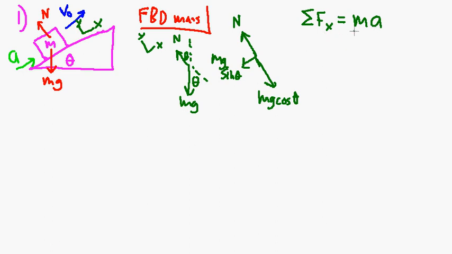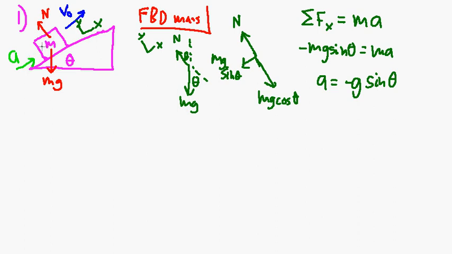Okay, so that means negative mg sine theta equals ma, which means a equals negative g sine theta. Well, that was just too easy. So now we know the acceleration on the block. It's actually accelerating downhill with the magnitude of g sine theta.